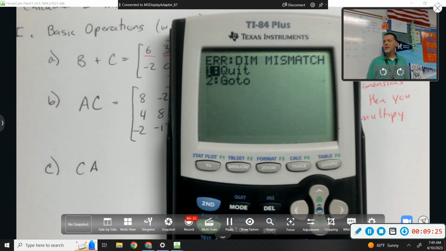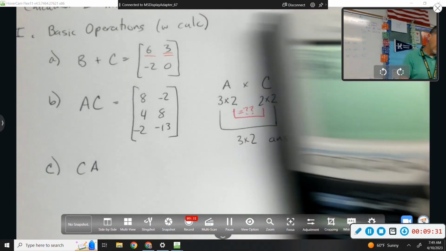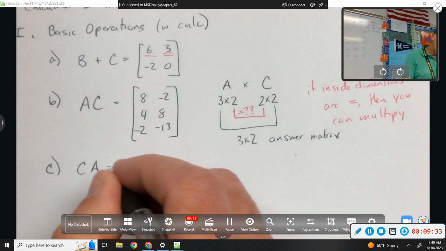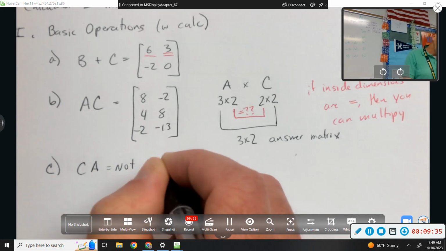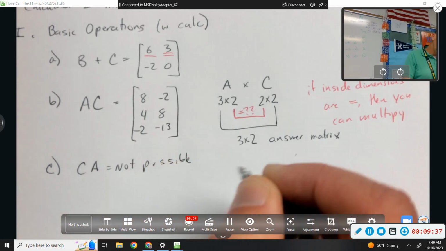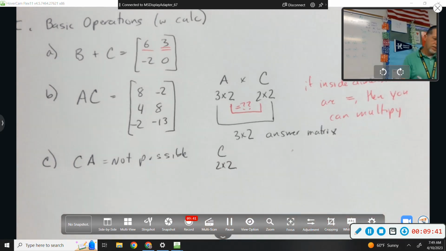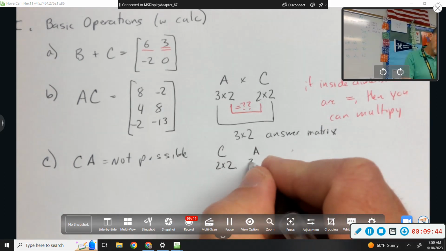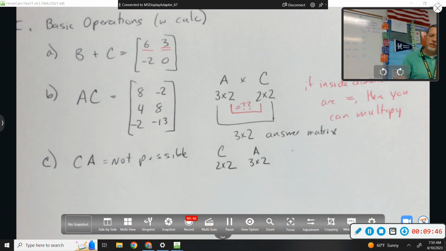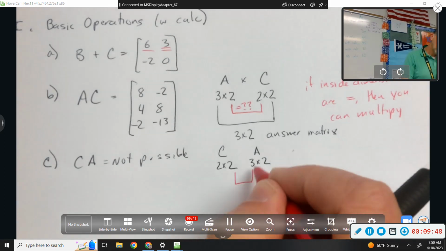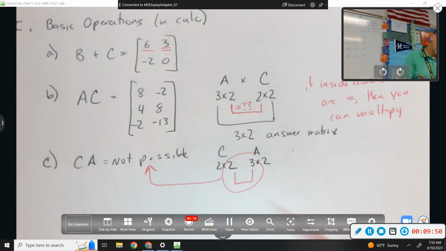Any guess what dim stands for after our discussion 30 seconds ago? Dimensions. The dimensions don't match. And they don't match, so C times A is not possible, because C is 2 by 2 and A is a 3 by 2. So those inside dimensions don't match.